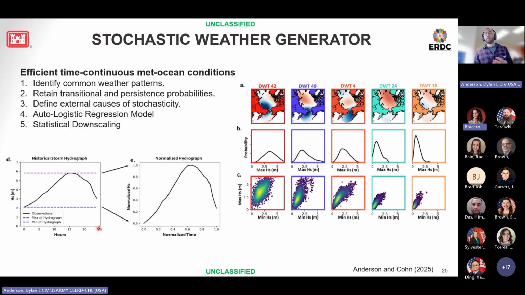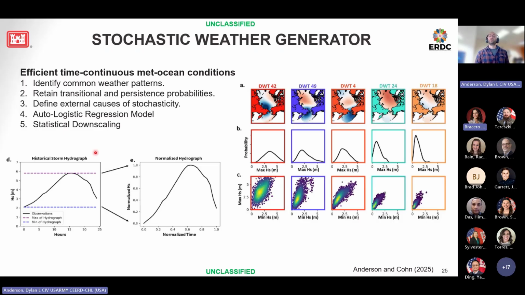An example of that, this is a figure from a paper just published this last year. Over here on the right-hand side, with each of these different weather types, and this was actually for a location up in the Arctic, we have a distribution of maximum HS and minimum HS that is possible within these different weather types.